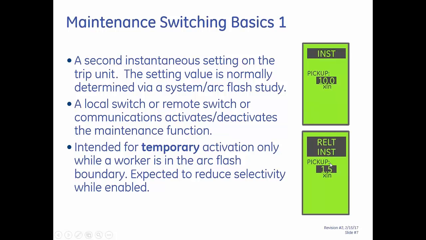While the maintenance switch setting is like a second instantaneous, it's not exactly like an instantaneous setting, because your normal instantaneous on a GE trip unit goes down to typically as low as a 2.0 multiplier, but our maintenance setting typically goes down to as low as a 1.5. So there are some minor differences like that.